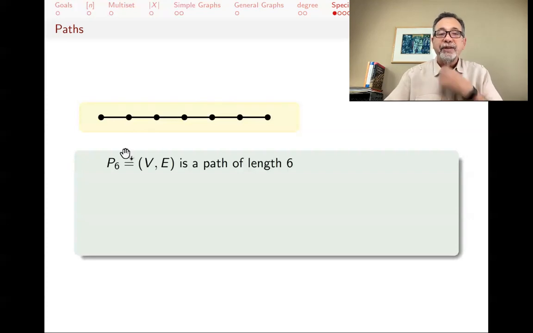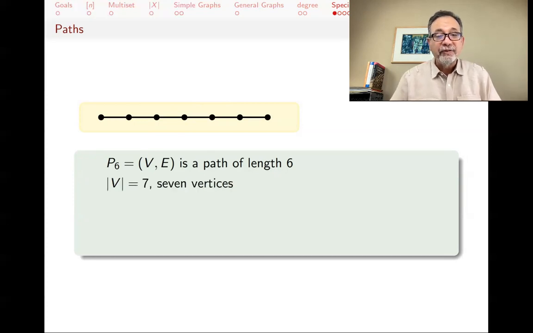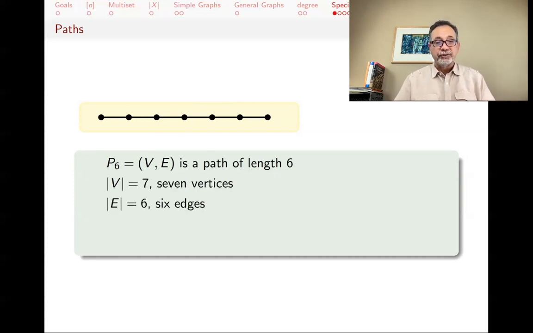This is not standard. It used to be standard, but some people misuse it and might call this P7 because they want to focus on the vertices. So you have to be slightly careful whether P6 means a path with 6 vertices or 6 edges. For me, it means a path with 7 vertices and 6 edges, and I call that a path of length 6.